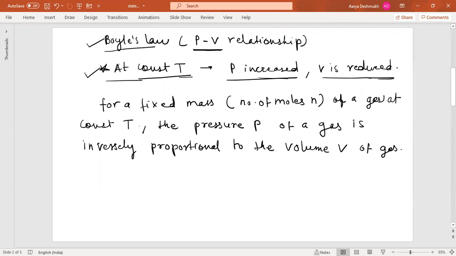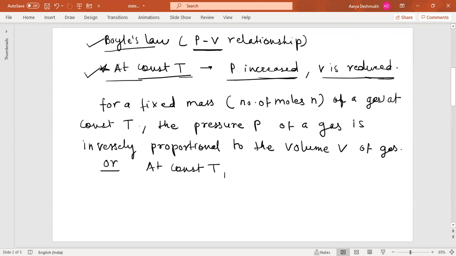So it means that when pressure is increased, volume is reduced. Means there is an inverse relation between these. Or another way, you can write the same law as, at constant temperature. Either of the statements is correct.